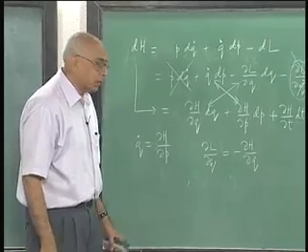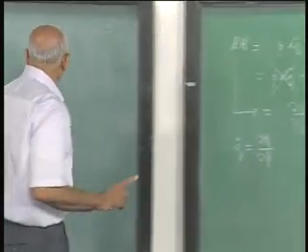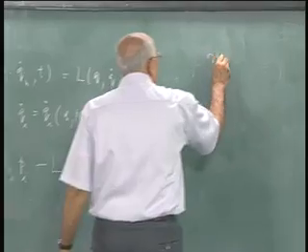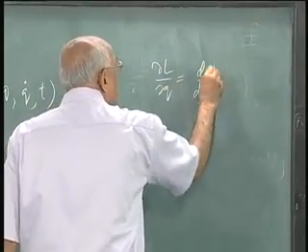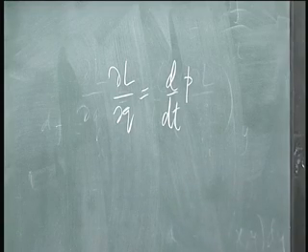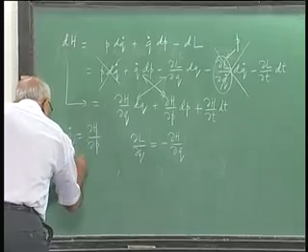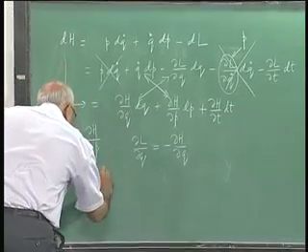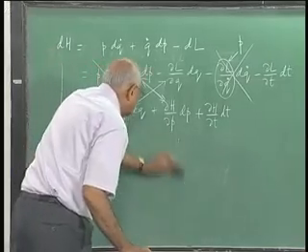On these solution trajectories, ∂L/∂q by the Euler-Lagrange equation is known to be d over dt of ∂L/∂q dot, which is p, and therefore this equation here becomes p dot equal to minus ∂H/∂q.